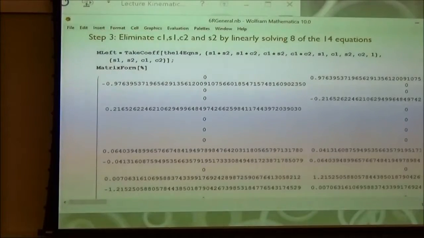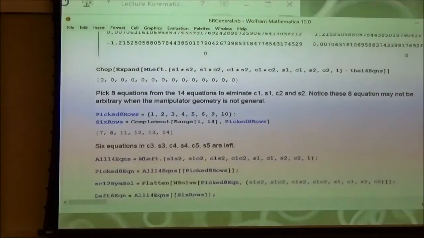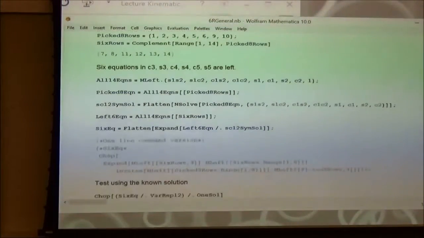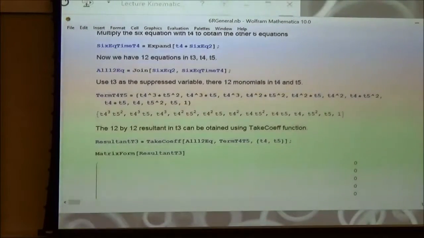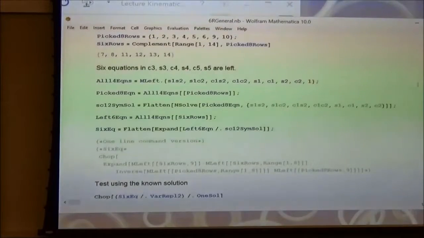And you can eliminate theta 1 and theta 2 by picking any 8 of them. Okay. And then you follow the steps. Let's see. Yeah.